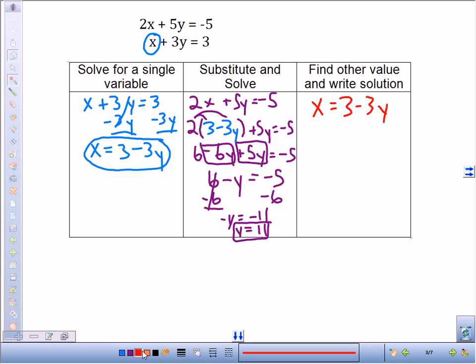Now wherever I see y, I'm going to plug in 11 because y equals 11. x equals 3 minus 3 times 11.